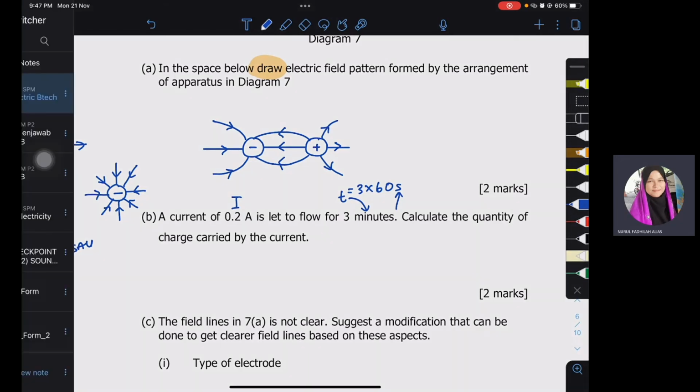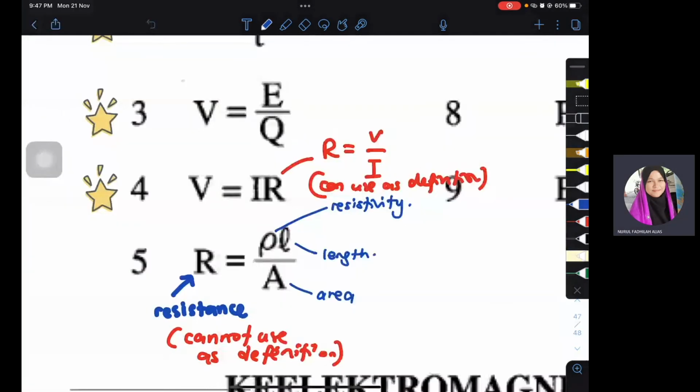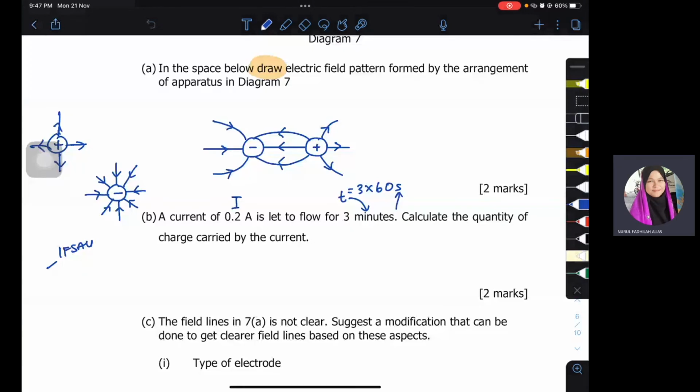Do you remember formula? So kita boleh guna I equals to QT. Jadi you guna lah. Okay, you write down the formula. If SAL tu gunalah if SAL. So sekarang ni write the formula. What's the formula?